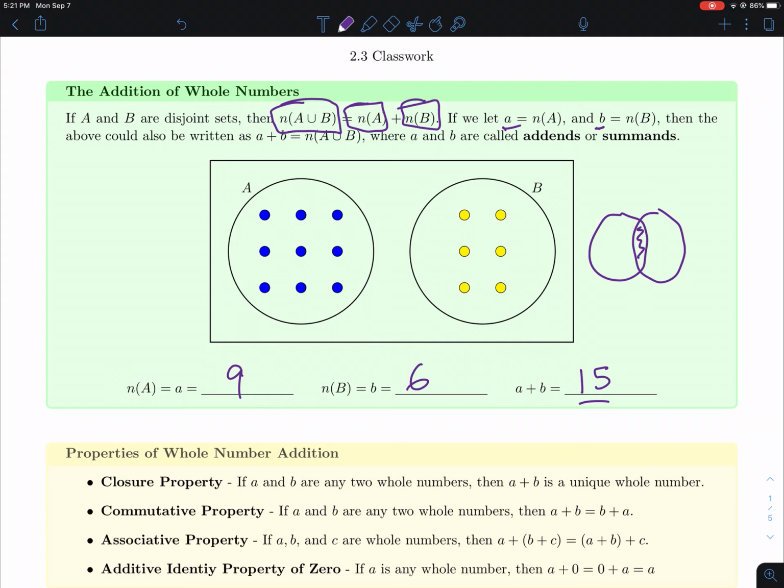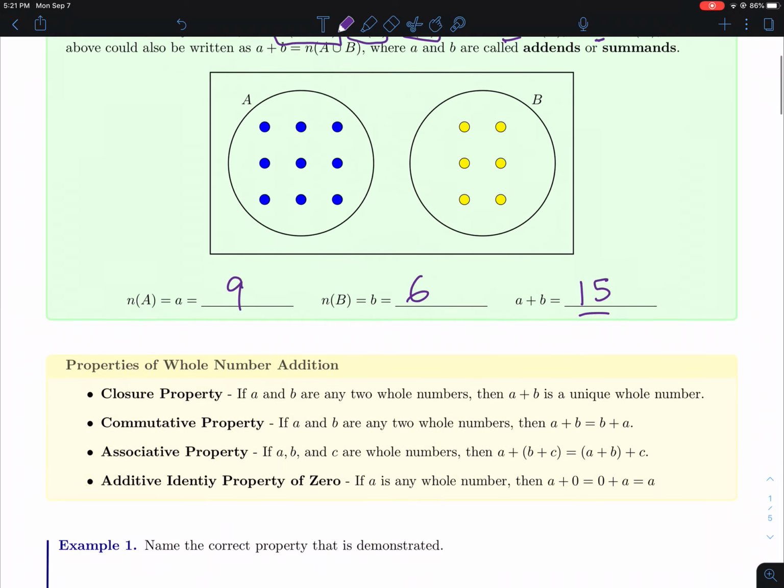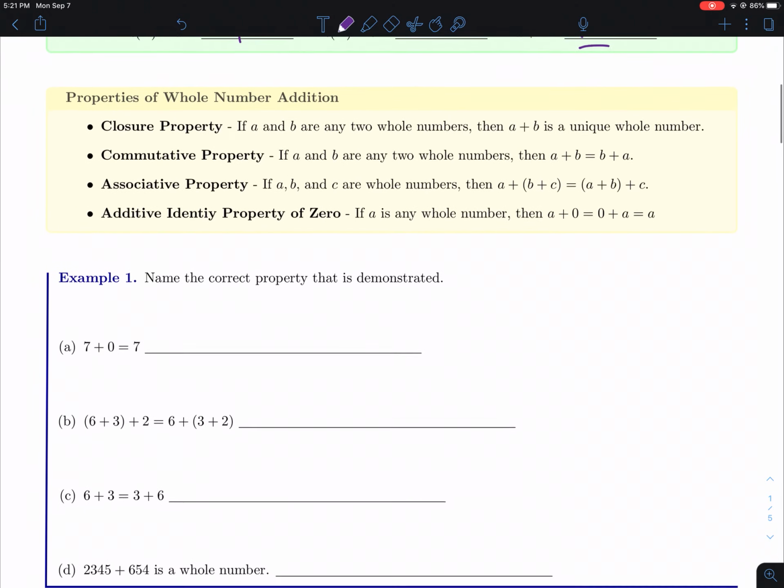So that set theory model is actually going to be one of the models that we use to talk about addition. Now remember, this wouldn't work if there was overlap or intersections. So again, this only works if it's disjoint, like we have here. All right, perfect.